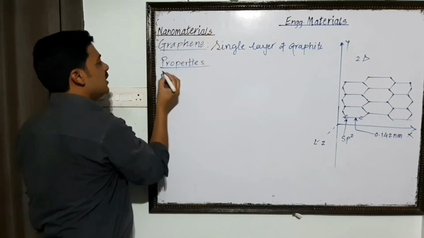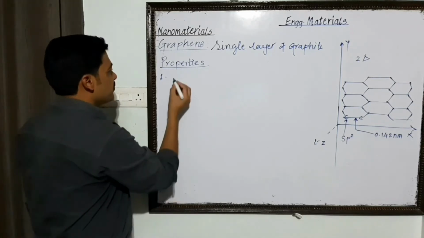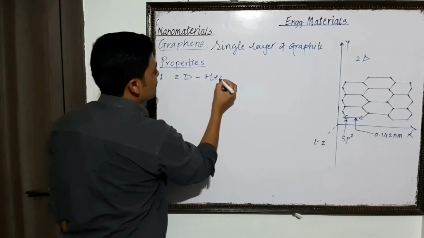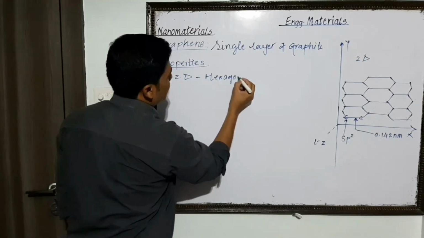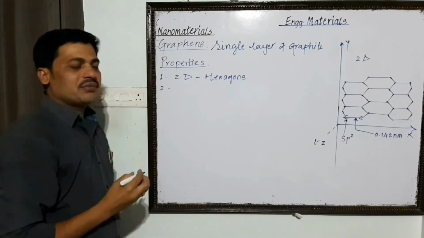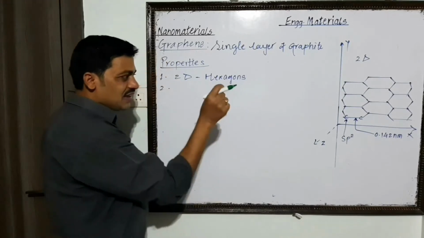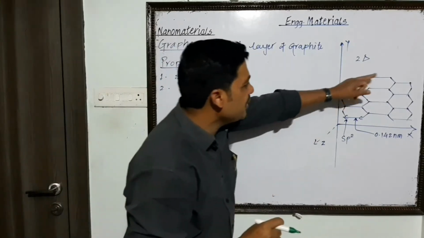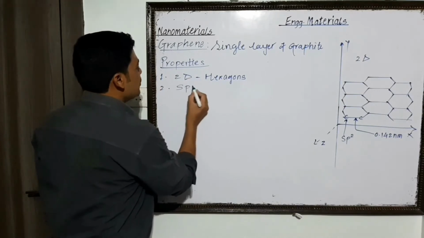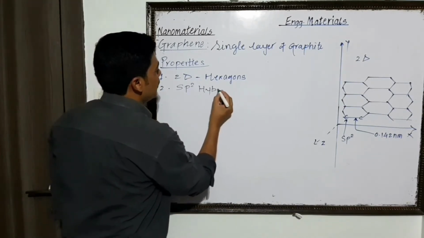First important property: it has a two-dimensional structure and there is a presence of hexagons. Second important property: in its crystal lattice, each and every carbon atom is sp2 hybridized.